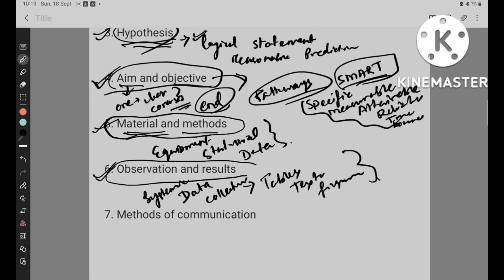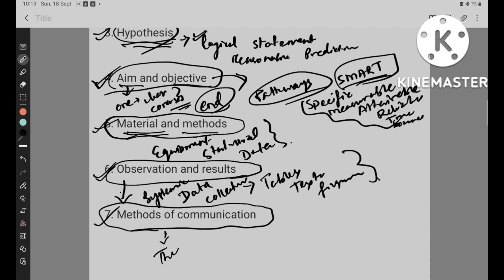After observation and results, you need to publish your data. You need to communicate your data at the end of your research study in terms of a thesis, dissertation work, or any kind of journal. These are all the methods of communication after completion of the research study.